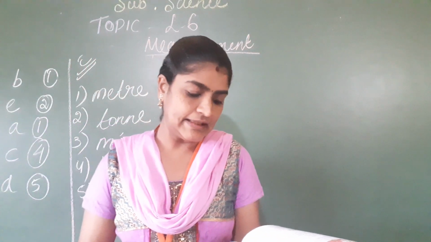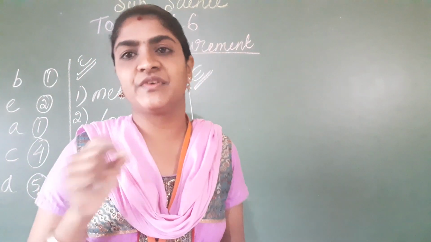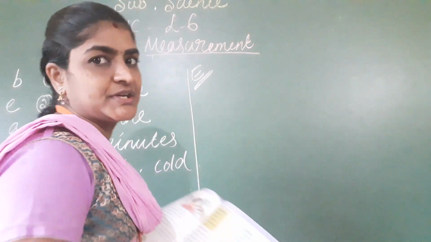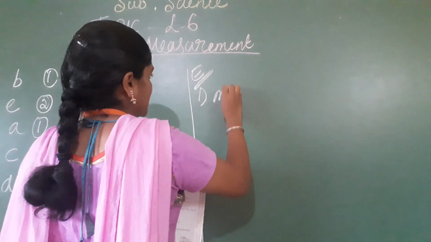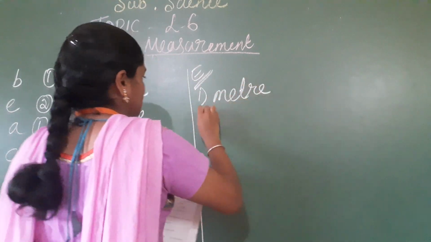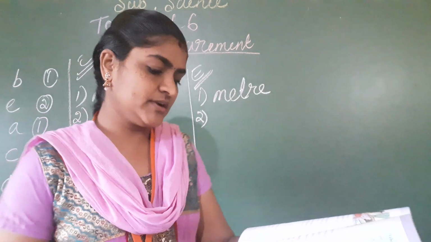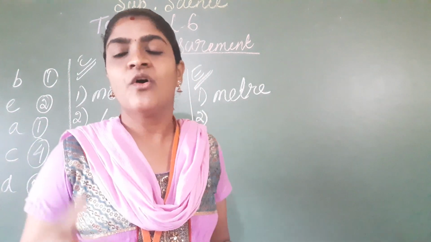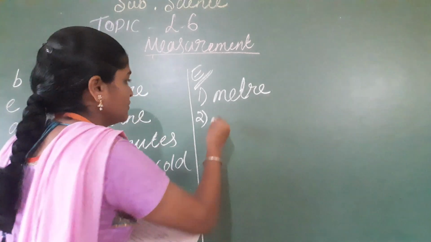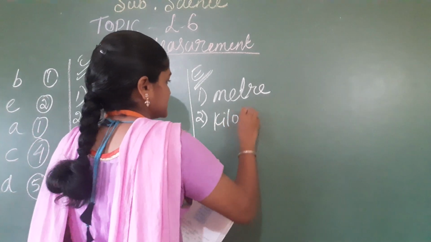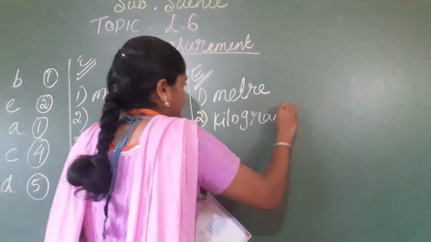First one, the length of your shirt. With the help of meter, we can measure the length of a shirt. The first answer is meter. Okay, and second one, the weight of some vegetables. We always measure in kilograms. So the right answer is kilogram.